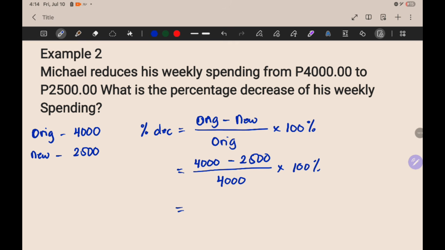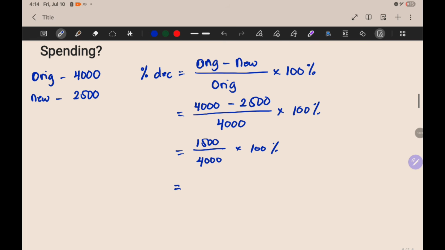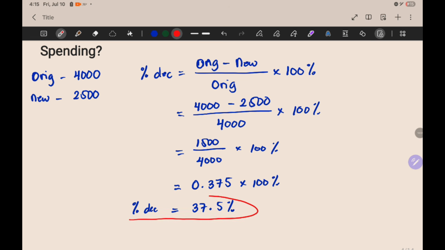So, 4,000 minus 2,500, that's equal to 1,500 all over 4,000 times 100%. So, divide natin. 1,500 divided by 4,000. Okay, that's equal to 0.375 times 100%. So, that is equal to 37.5%. So, ang ating percentage decrease is equal to 37.5%.